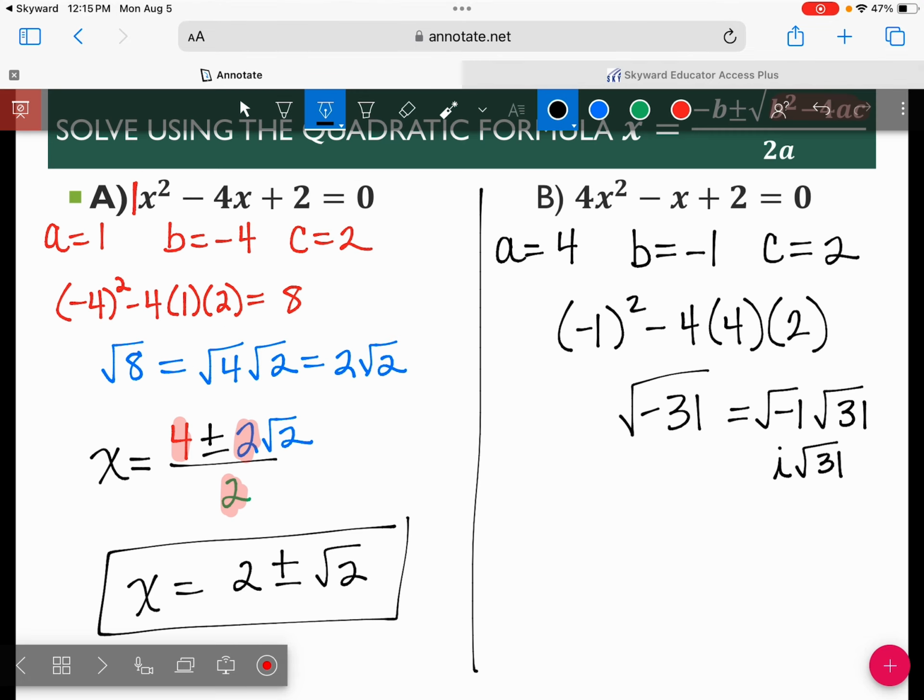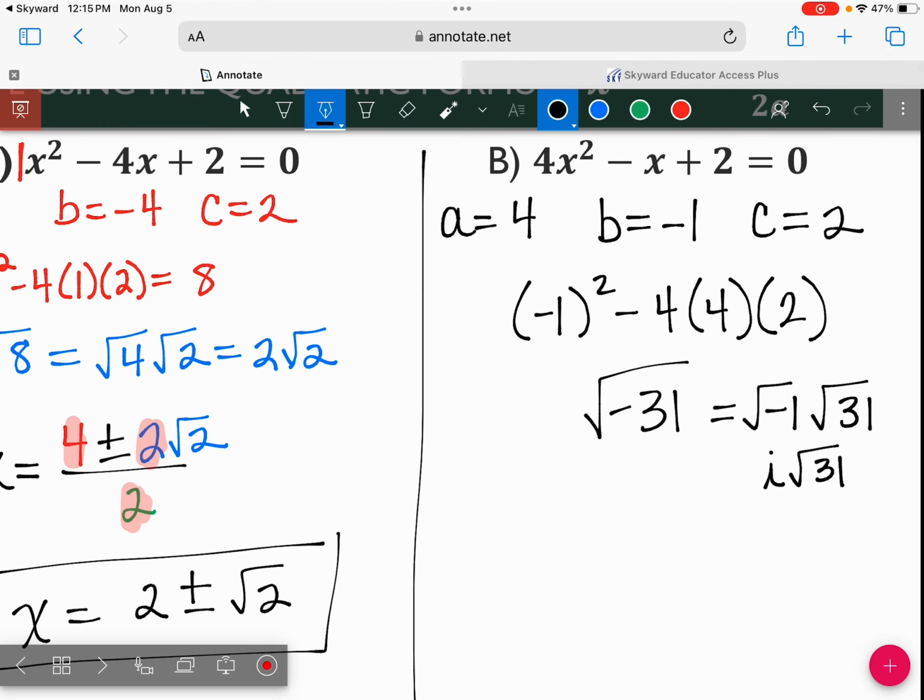So from here, we're just going to put it into our quadratic formula. So it would be x equals, and it's the opposite of b. So b is -1, so you're going to put a +1 plus or minus, and then we have our discriminant, and that's divided by 2 times 4.